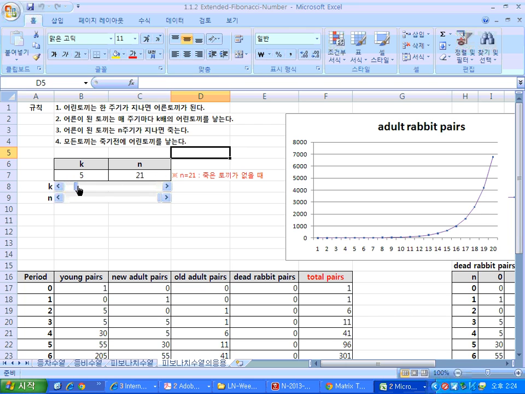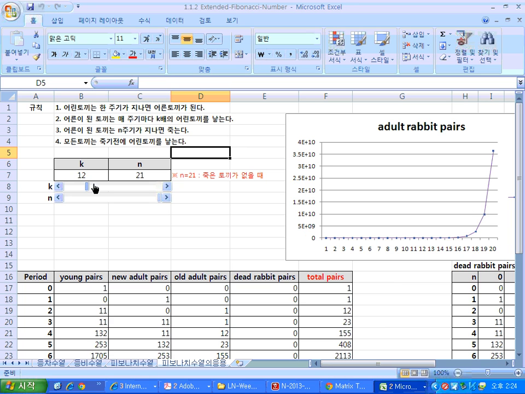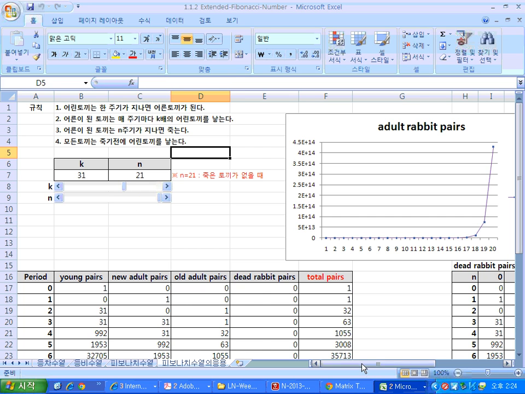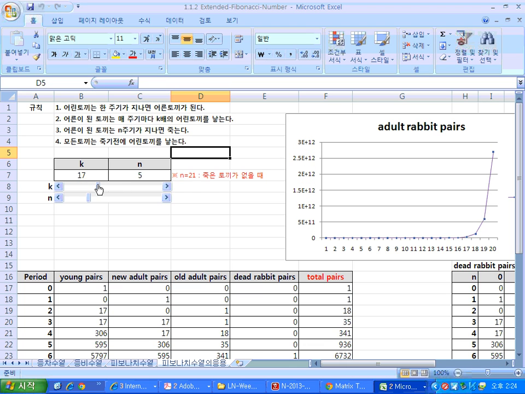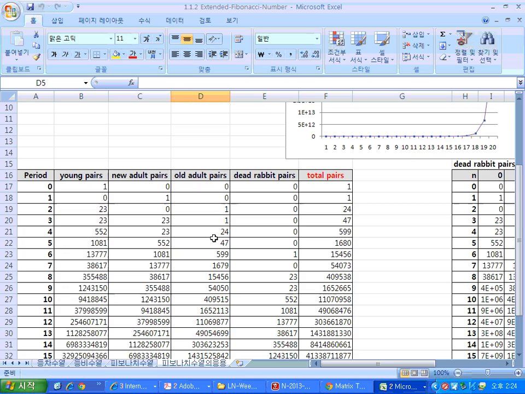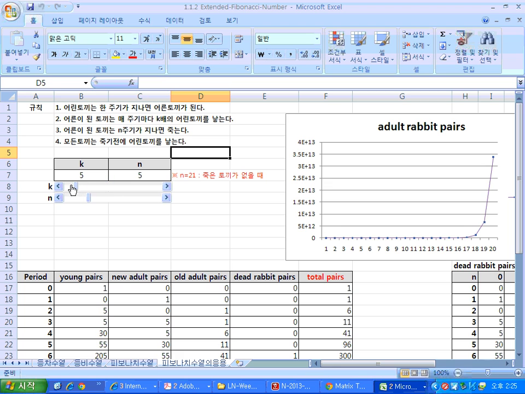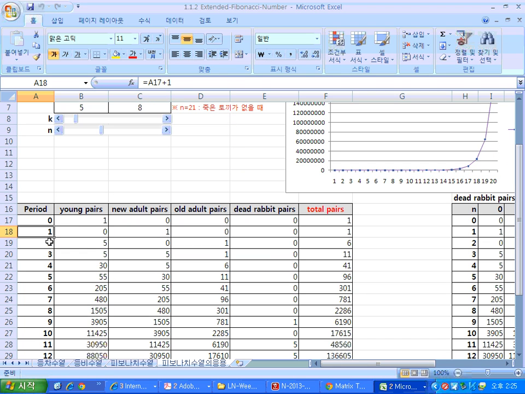But if k moves, then it changes. Then the numbers in these tables change, and this generates a new table, and those data produce a graph like this. If the rabbit dies at an early stage, then the total number should decrease.